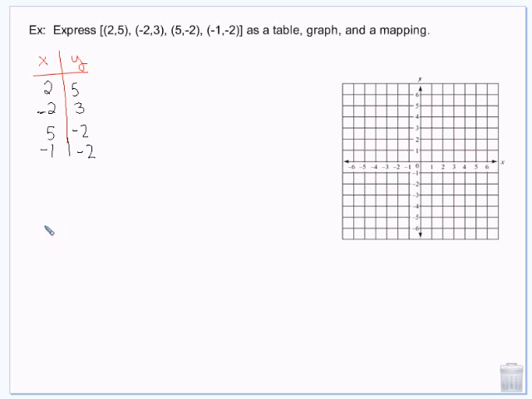When you have a table, you list all of your ordered pairs. And when you have a graph, you plot all of your ordered pairs. But when you have a mapping, that's a little different. What I do is I'm going to make my domain and my range.